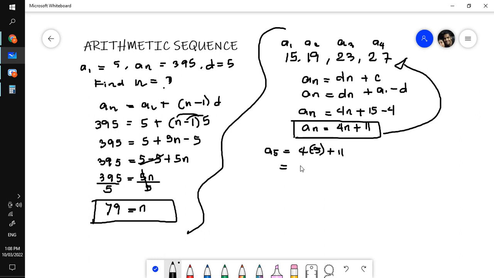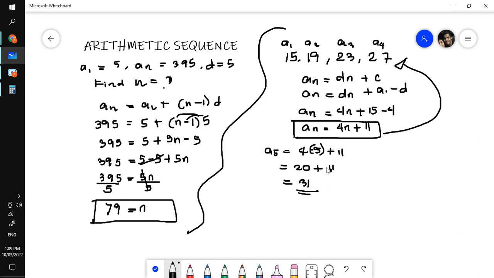So this gives us 4 times 5, that is 20, plus 11, that is 31. The fifth term is equal to 31. Same thing, if you will be adding 4 to 27, you will also get the answer as 31. So that's how you get the formula for a particular arithmetic sequence.